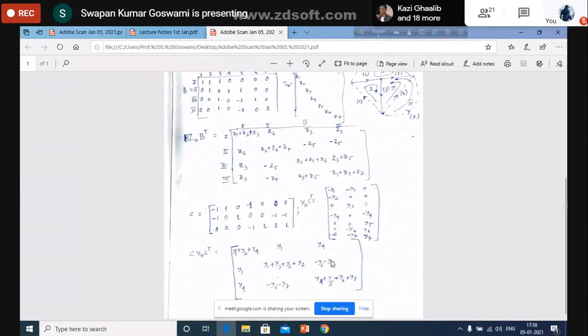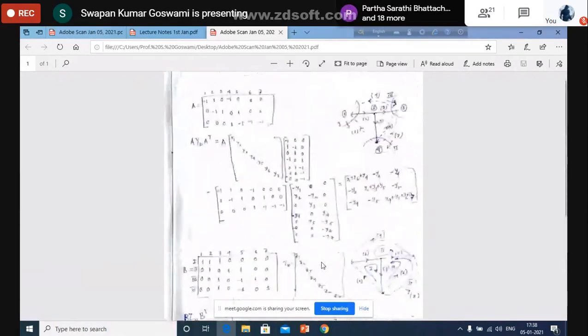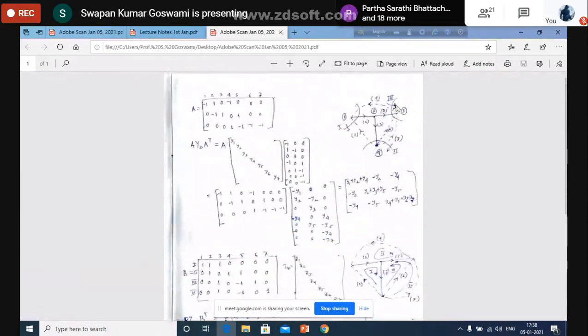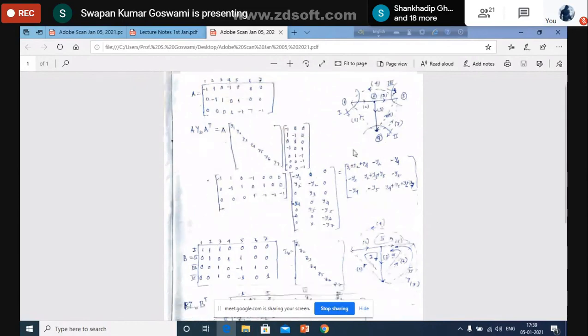Then this one between cut set 2 and cut set 3. What are the common branches? The common branches are 6 and 7. What is the direction of 6? It is opposing this cut set. What is the direction of 6 with respect to the other cut set? It is in the same direction as the cut set. So Y6 will be negative.